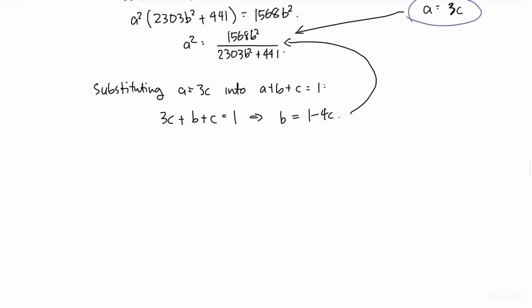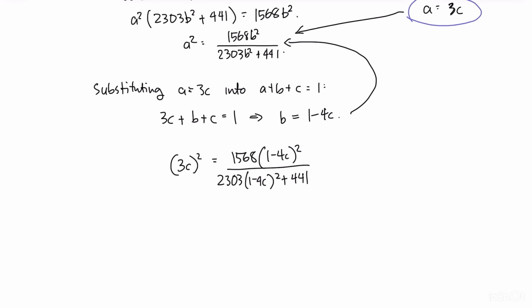So this becomes 3c, so 3c squared equals 1568. So b squared is 1 minus 4c squared all over 2303 times 1 minus 4c squared plus 441.